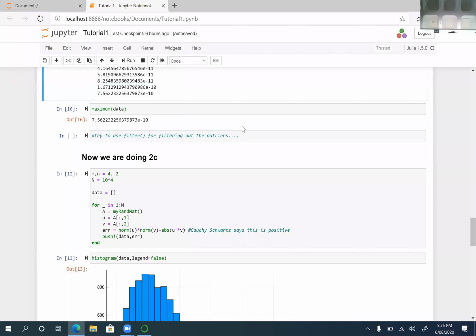All right, so what that is doing is it's pulling out the first column of the matrix A. Now, since it's 4x2, we only have 2 columns there. So this is the first one, and V is the second column.